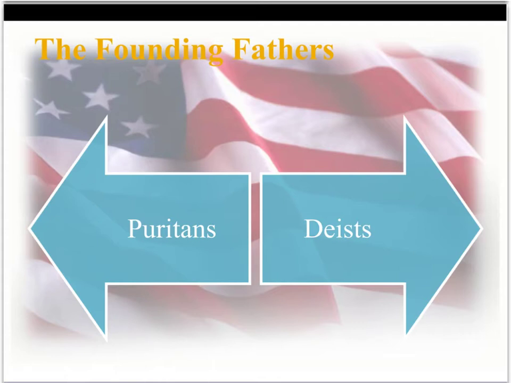Our founding fathers sort of emerged out of this movement. And the founding fathers, this group, can usually be divided. There was sort of a split between the Puritans, who we've already studied. We've already looked at some of the history and the culture and the literature of the Puritans. Remember, simple, straightforward, spiritual writing.